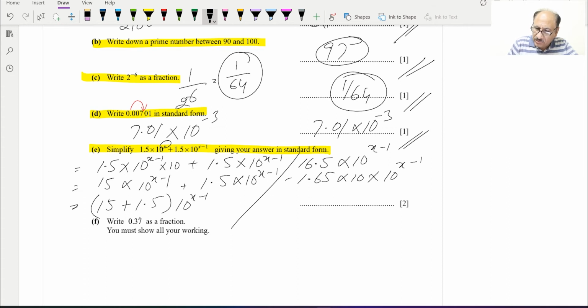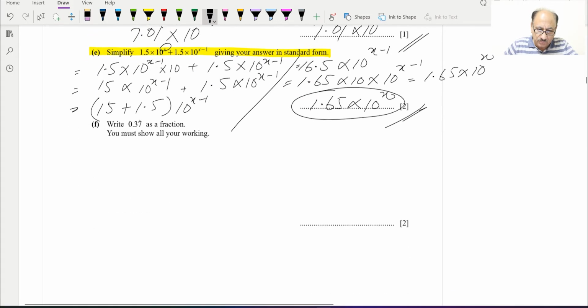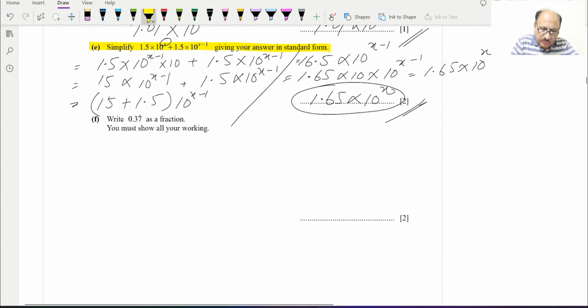So the final answer will be 1.65 times 10 raised to the power x, and this answer we can provide over here at the proper location, and this is for 2 marks. Hopefully you understood this. Then the recurring decimal, write this as a fraction, and you need to show your working also.